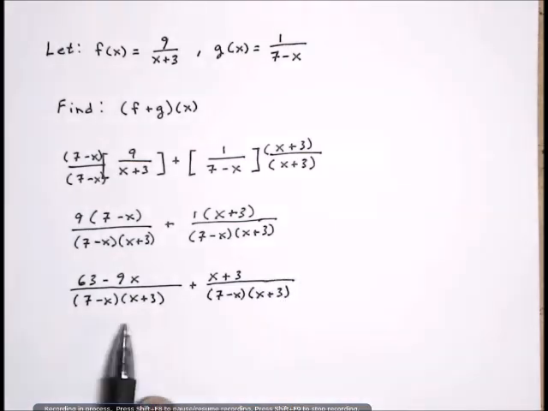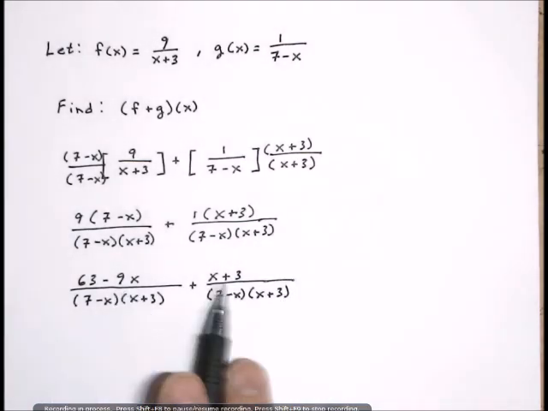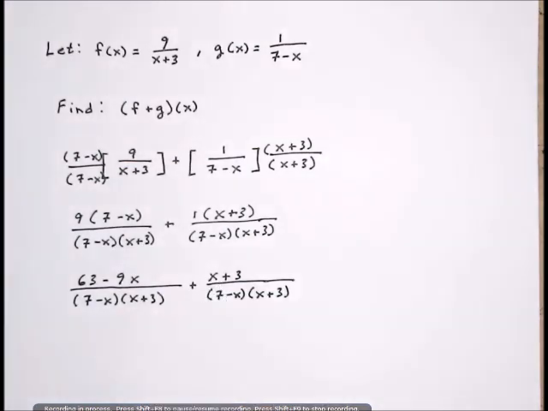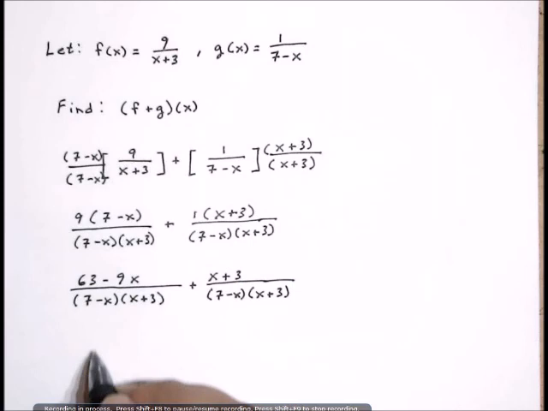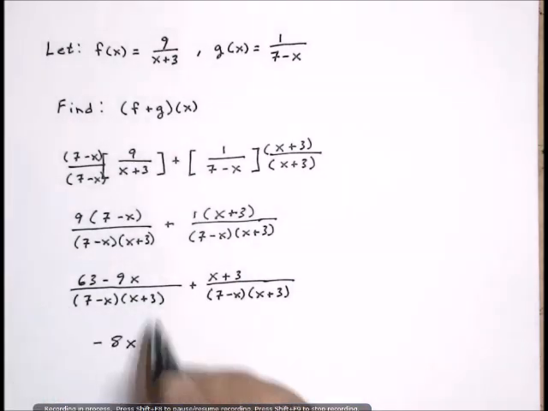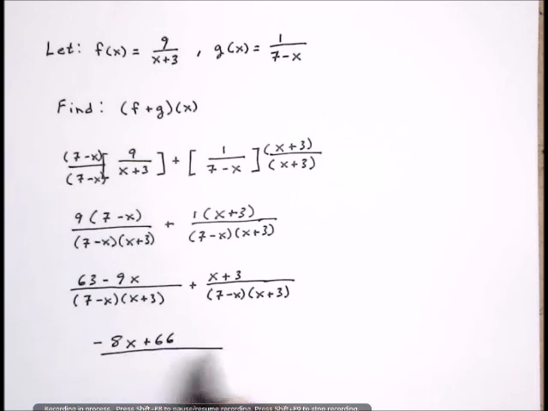And now since I have the same denominators, I can just add straight across the top. So I'm just going to combine like terms. So negative 9x and positive 1x gives me negative 8x. 63 plus 3 gives me 66. And I just keep the 7 minus x and the x plus 3.